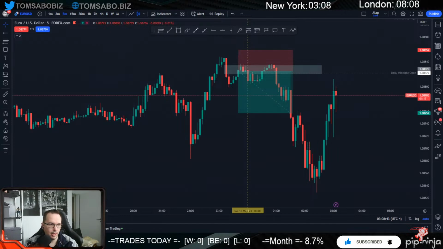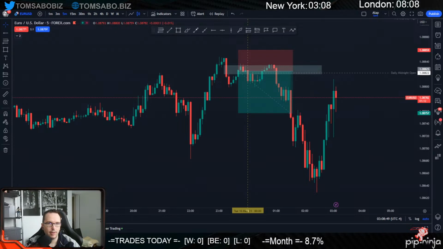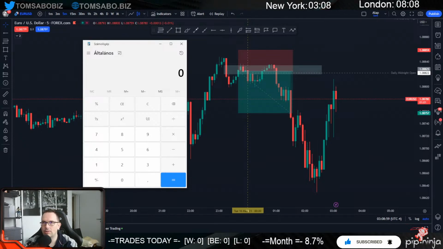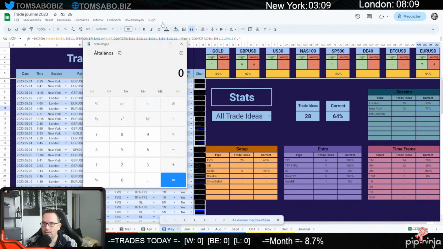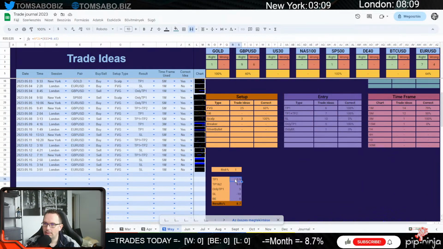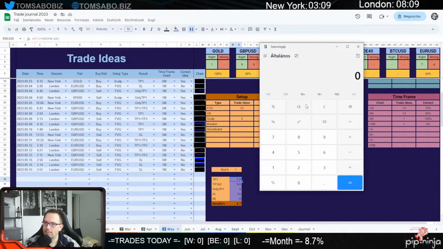Let me just put a calculator right here, and you'll see. So this is a calculator. If I risk, for example, I close 65% most likely.